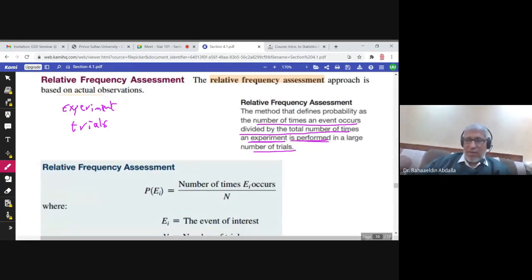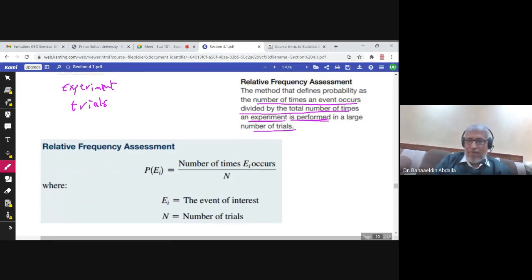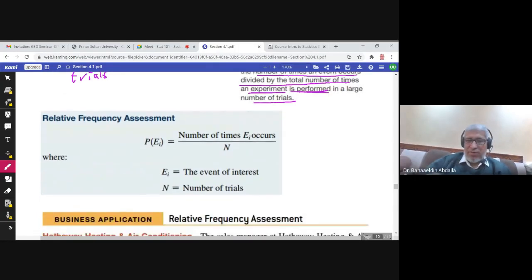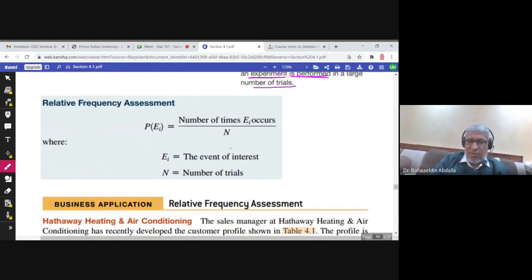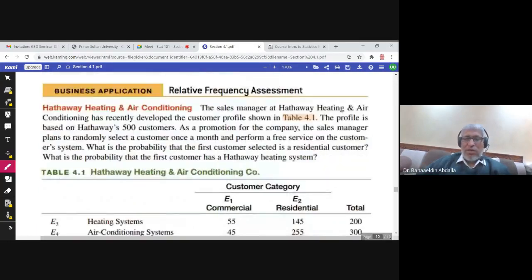But now, in relative frequency assessment, they are not equally likely, and there is an experiment. So it is always the number of times the event occurs over the total number of times the experiment is performed. Let us see an exercise.